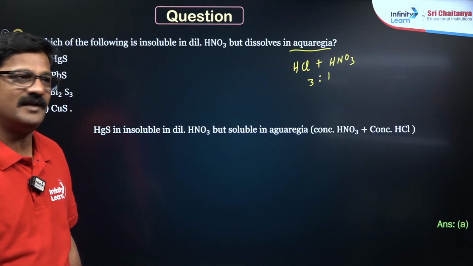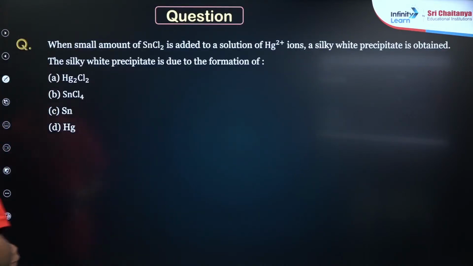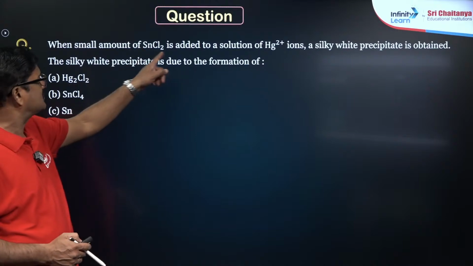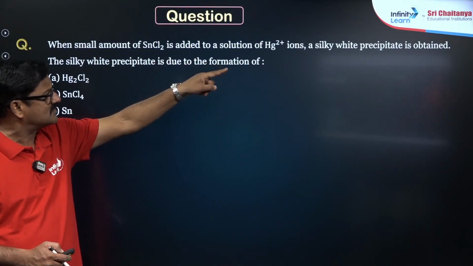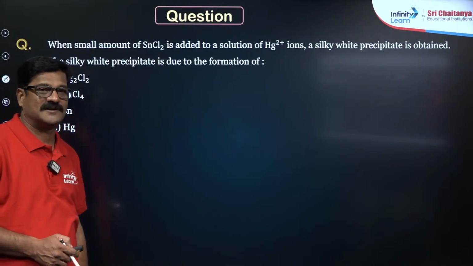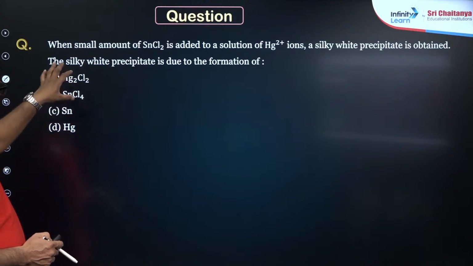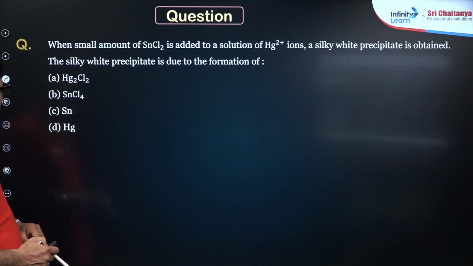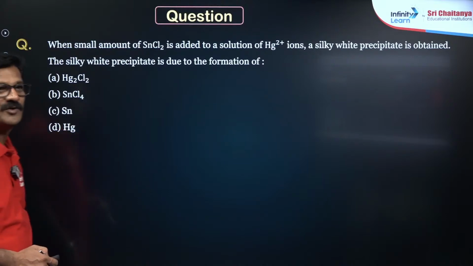Mercuric sulfides are highly insoluble, right? When a small amount of stannous chloride is added to a solution of mercuric ions, a silky white precipitate is observed. The silky white precipitate is due to the formation of mercuric chloride, or mercurous chloride, or stannic chloride. What could be the answer?